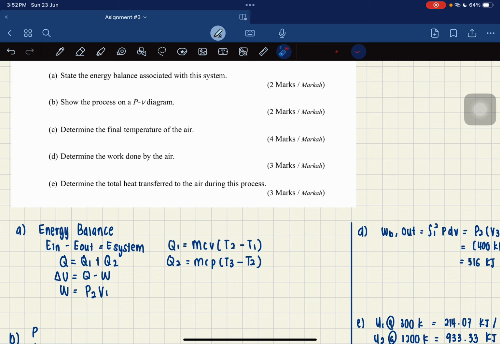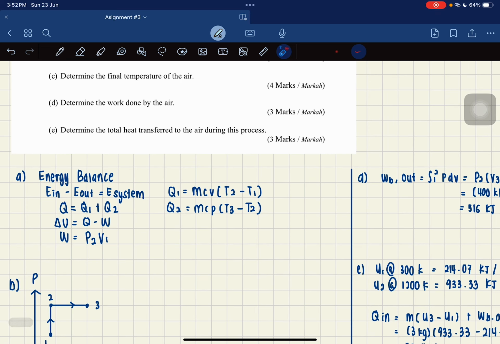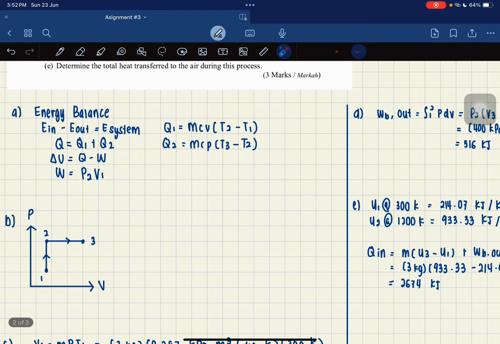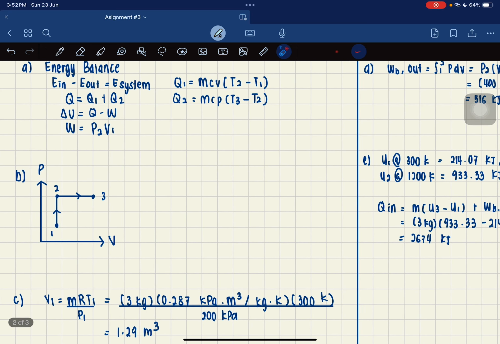Internal energy equals Q minus W, and W equals P2 times V1, and Q1 equals m Cv times (T2 minus T1), and Q2 equals m Cp times (T3 minus T2). The specific heat capacities Cv and Cp can be found from the air properties, and the temperatures T2 and T3 are the temperatures at the end of the isochoric and isobaric processes respectively.